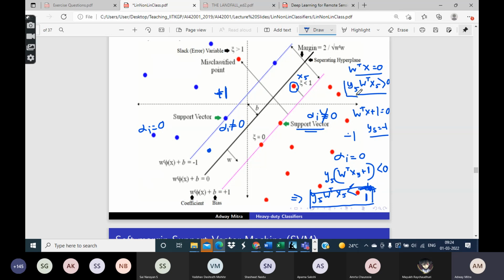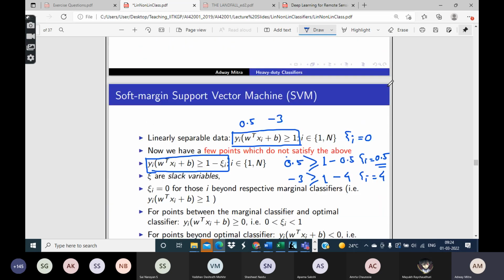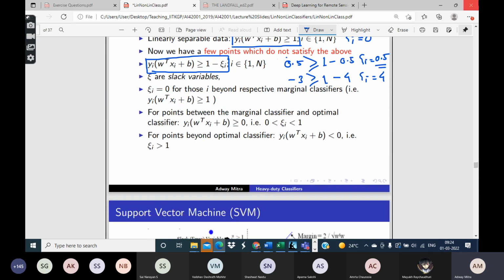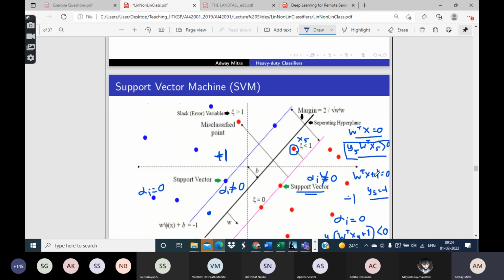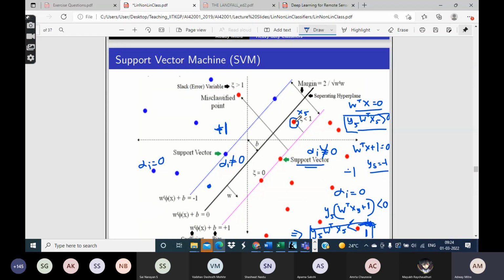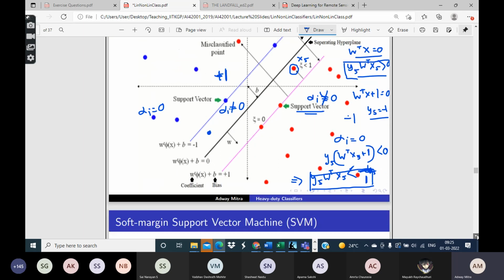Okay, so earlier we were considering this kind of points for which this quantity might be something like 0.5. So this is an example of a point where this product Y5 into W transpose X5 might be something like 0.5, because on one hand it is greater than 0 because it is correctly classified by this hyperplane.